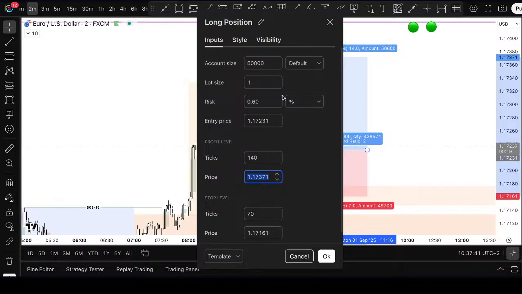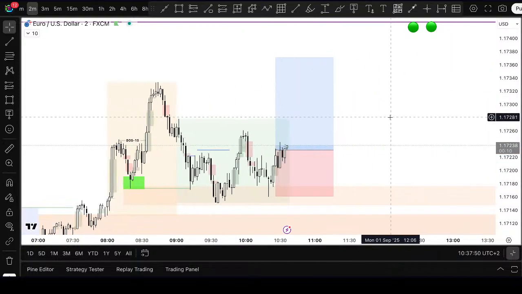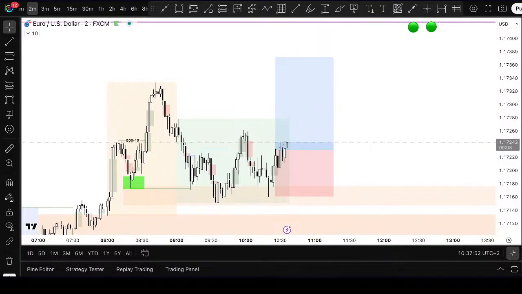I can't modify it. Do we have any internet issues? I don't know. The price is also not moving. Let us see, do we have any issues with that? No, we don't have it.